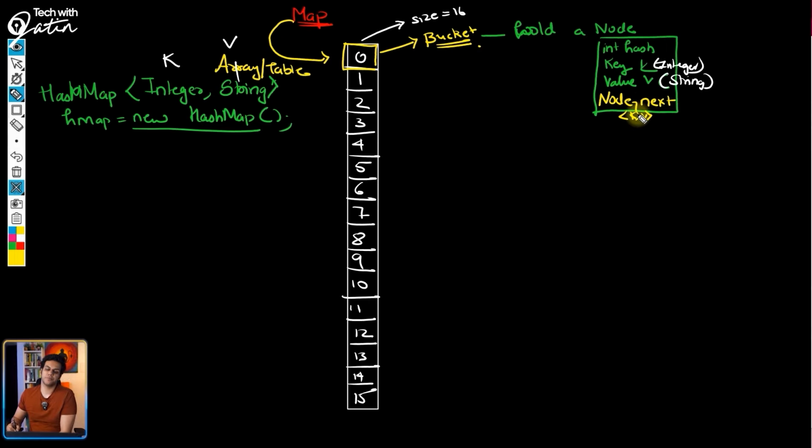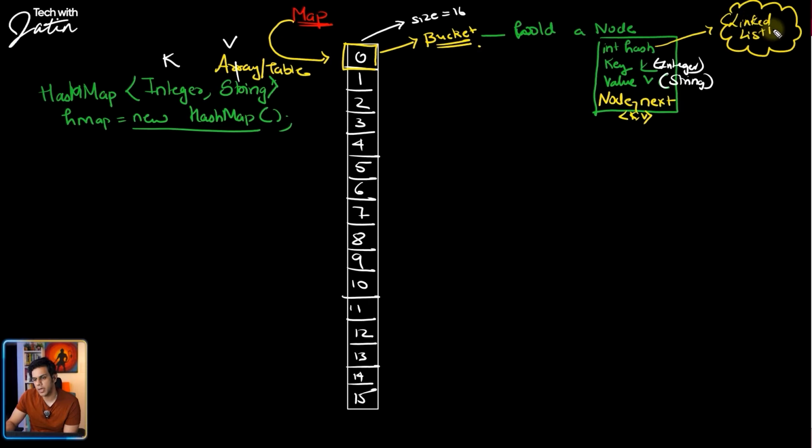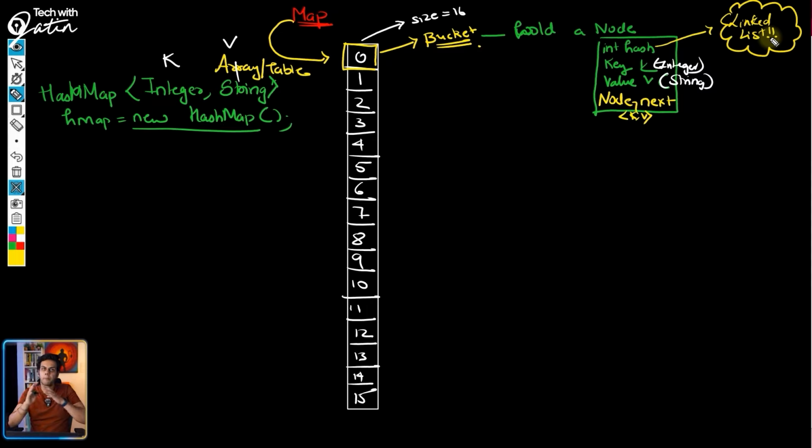So technically, each node which will be stored in this bucket is actually going to be a linked list. Is this part making sense to everyone? So a map basically consists of two things: an array plus a linked list. Please make a note of this point.